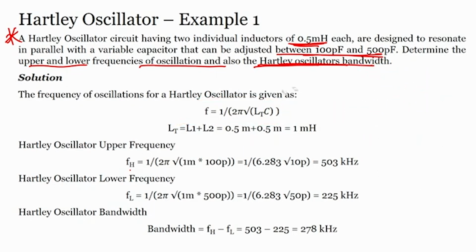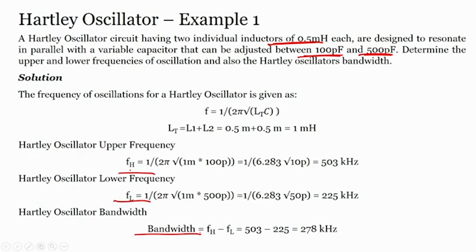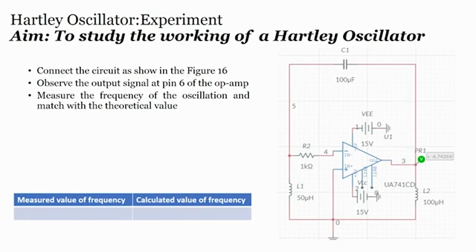This is the case when we are using a Hartley oscillator with inductor and capacitor values given, and we have to find Fh, Fl, and bandwidth. But what if we have a different kind of problem? In this particular case, which is your experiment, how can we design this oscillator?